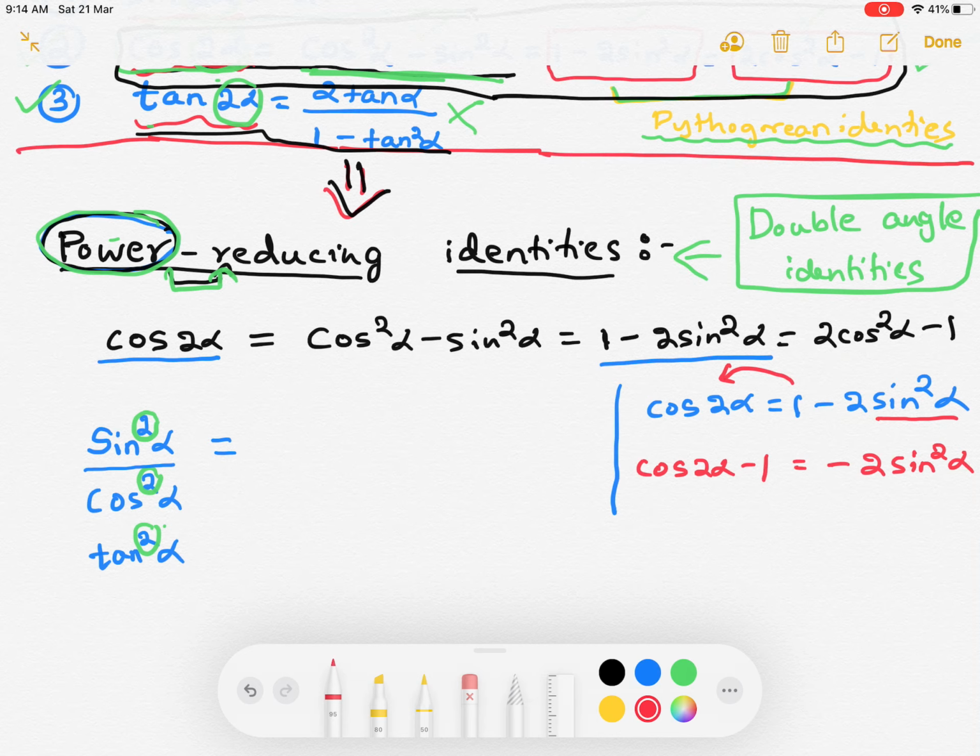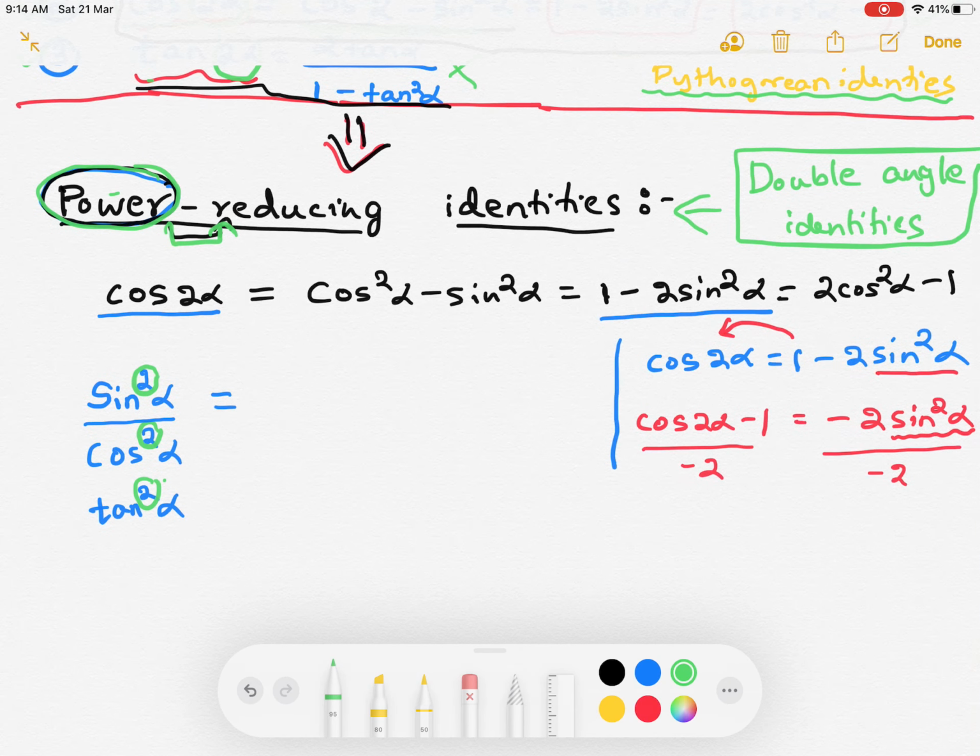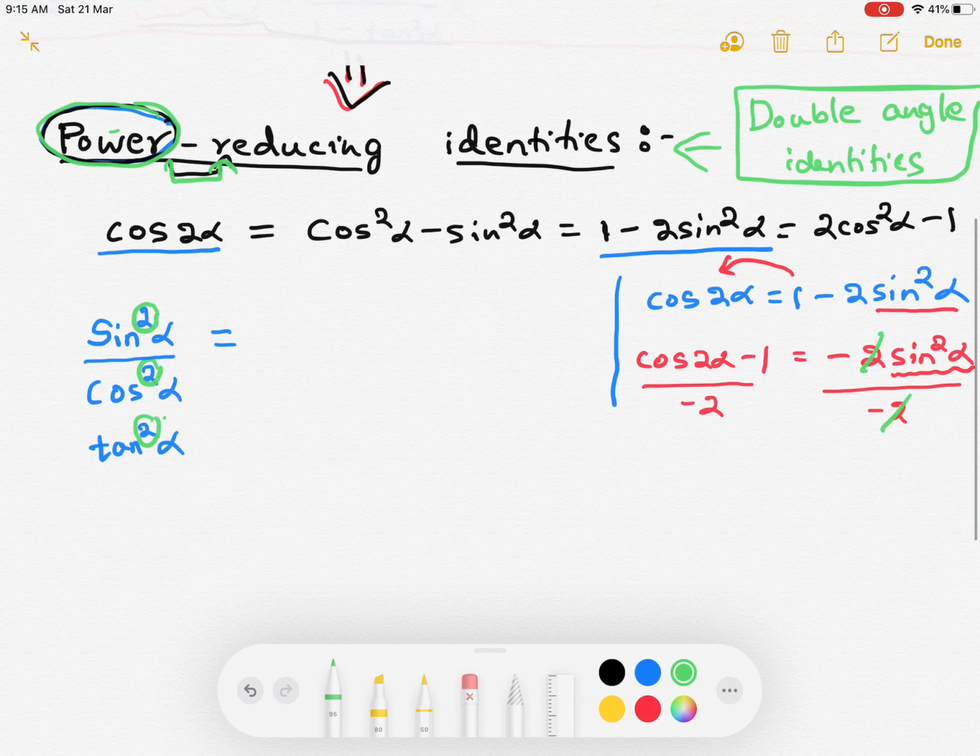Now what we do next? We want sine square alpha, so we divide by minus 2. Here also we divide by minus 2. Minus 2 can be cancelled. So sine square alpha is equal to cosine 2 alpha minus 1 over minus 2.